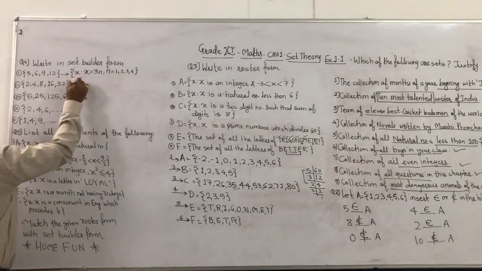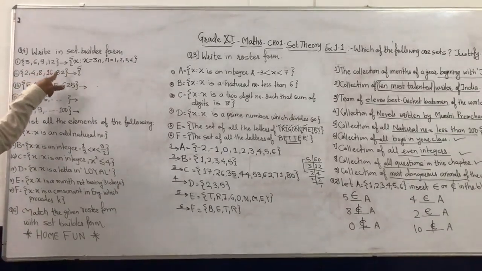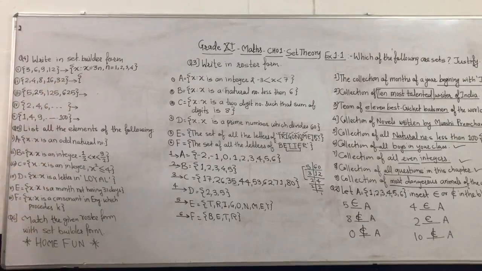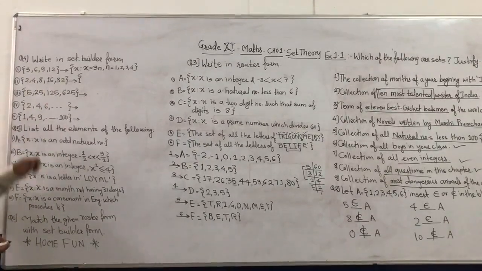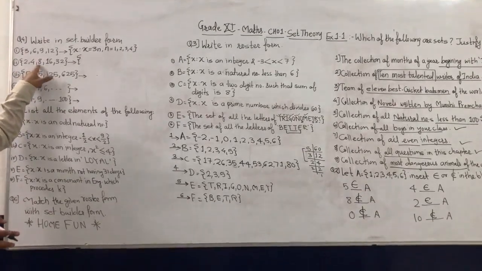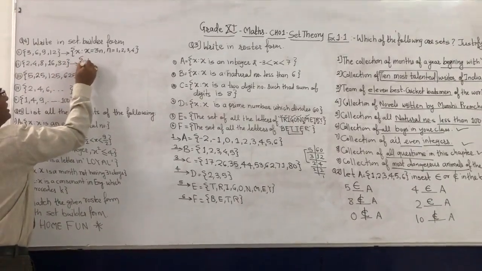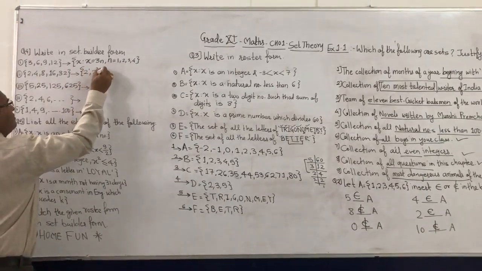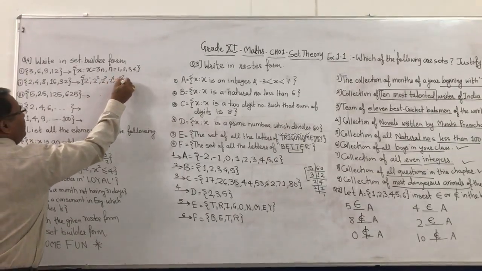Then the next one is 2, 4, 8, 16, 32. It is a GP, you can say, a geometrical series. So 2, 4, 8 and 16. If you observe it properly, every time the power of 2 is increasing. It means the same set we can write in this way, right? 2 raised to 5.